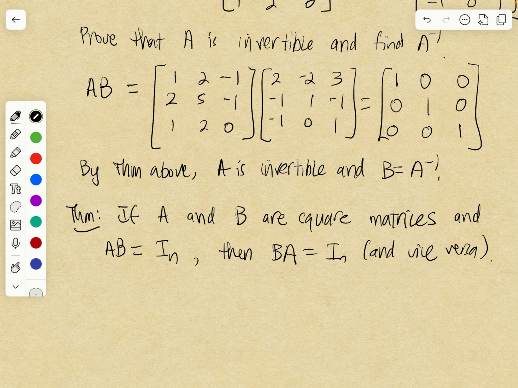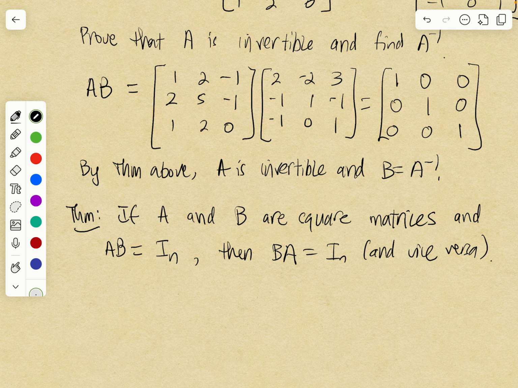So this is saying that if I have two square matrices and I multiply them in one order and I get the identity matrix, then when I swap the order and multiply them, I will still get the identity matrix. Now that's kind of surprising because in general, remember, matrix multiplication doesn't commute, right?